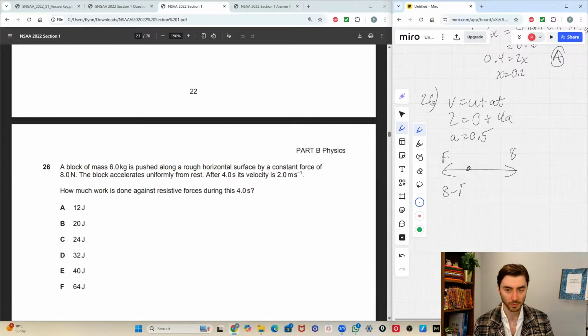So 8 minus the frictional force is equal to MA, which is 3. So F is equal to 5. That's the frictional force. So how far does it travel? Distance is average speed, which is 1, times the time of 4. So it travels 4 meters. And so the work done is 20 joules because it's force times distance.